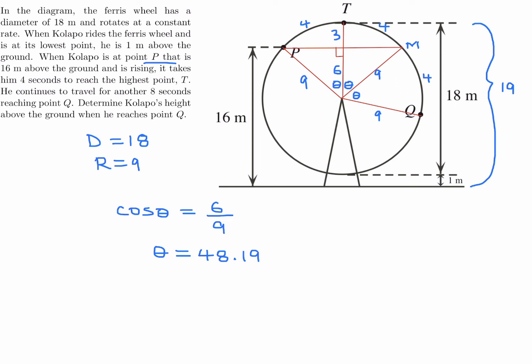So now we have to calculate the height when he is at Q. So we have to introduce another triangle, and I'll draw a top to bottom length, and then I will extend Q to that line so that it meets at a perpendicular. And there we go. So that's the triangle, this little triangle right here, this one.